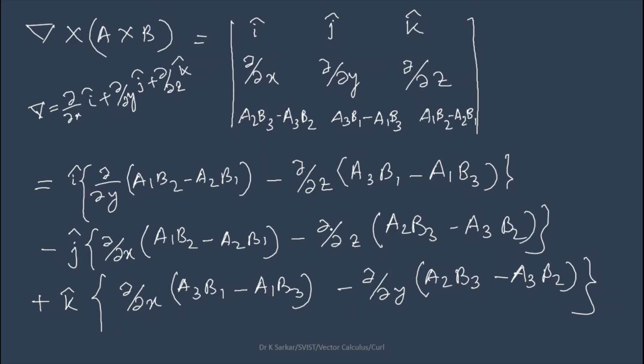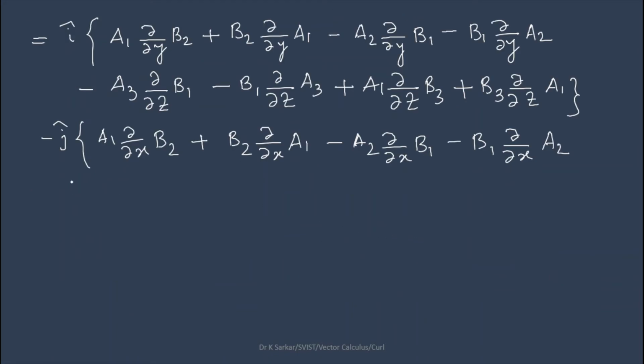Then minus del/del z of (A2 B3 minus A3 B2): minus A3 del/del z of B2 minus B2 del/del z of A3.